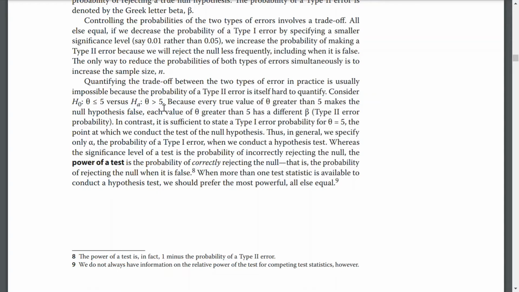Whereas the significance level of a test is the probability of incorrectly rejecting the null, power is the probability of correctly rejecting a false null.